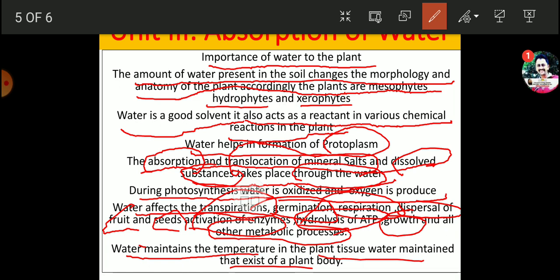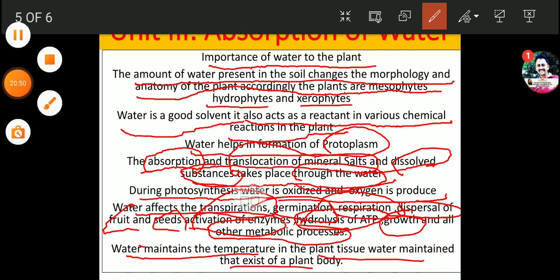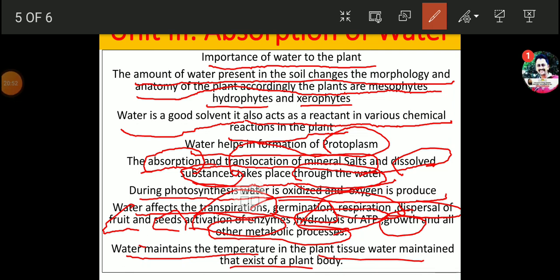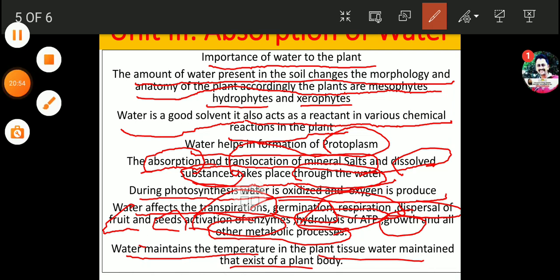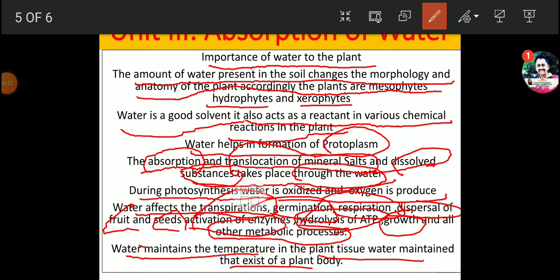For activation of an enzyme also water is required. Whenever hydrolysis of ATP takes place, the energy will be released. For the release of O2, water is required. Many such processes are there where water is required, my friends. And that's why this unit third, absorption of water, has a lot of importance in your syllabus, and you have to learn this.